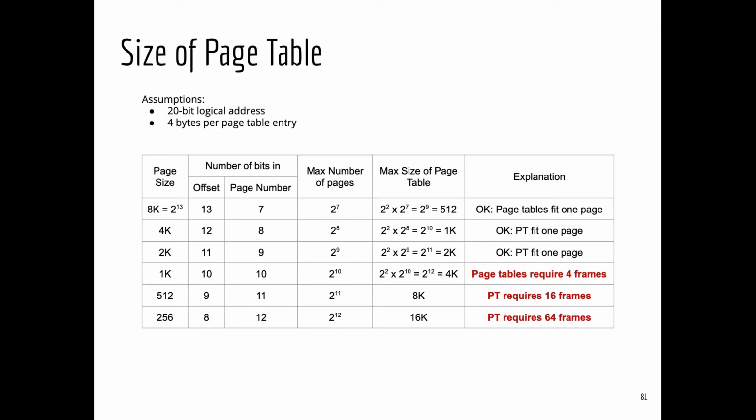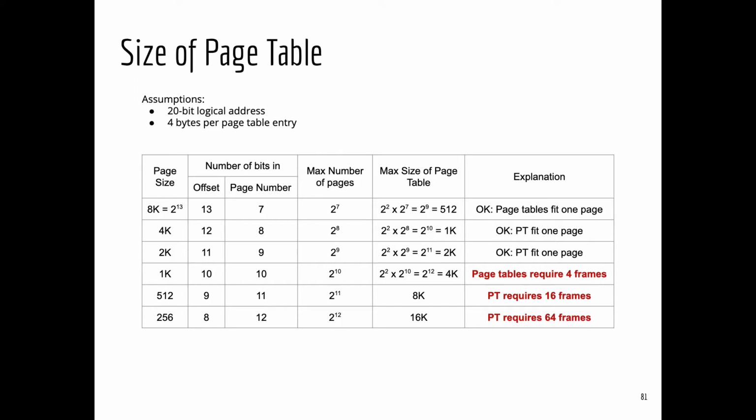We also assume the architecture uses a 20-bit logical address. Compared to today's CPUs, a 20-bit address is on the very low side. Many 32-bit CPUs provide a 32-bit logical address space, which gives you a maximum of 4 gigabytes. Remember, 4 gig is 2 to the power of 32.